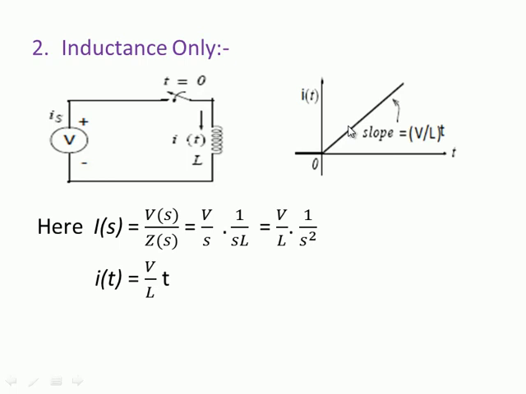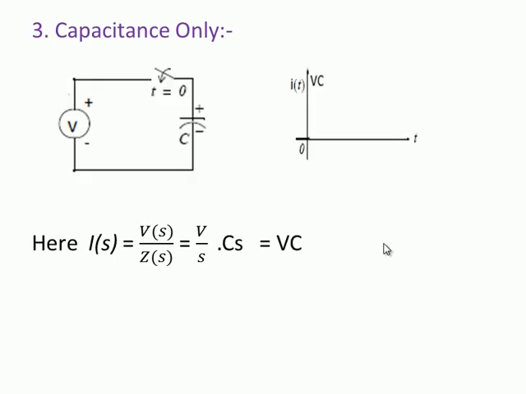So next we will talk about capacitance. Here is a DC source, here is a switch, and there is a capacitor, the same as we did in the case of inductance. Here I of S is given by Vs by Zs, as it is a DC source.